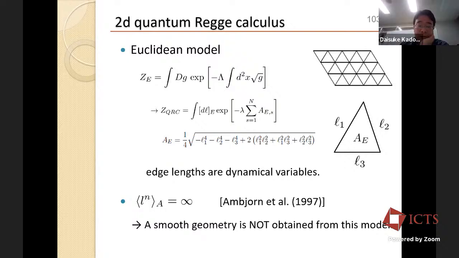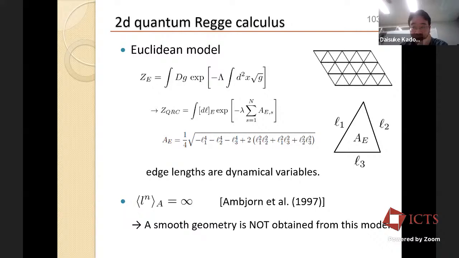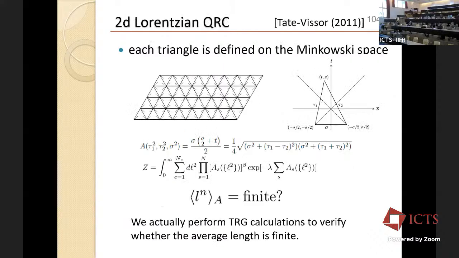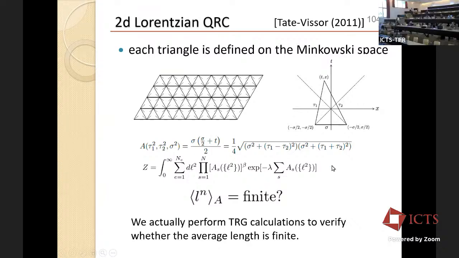The triangle inequality is needed in the Euclidean case, but it is not needed in the Lorentzian case. For given tau and sigma, the area is always defined for positive tau and sigma. I see. I guess I have to look at the formulas. Are your slides going to be available? Because I'd like to figure it out.